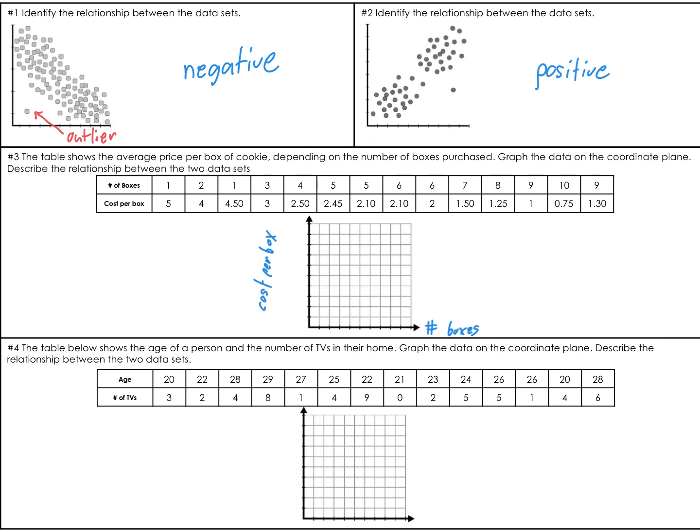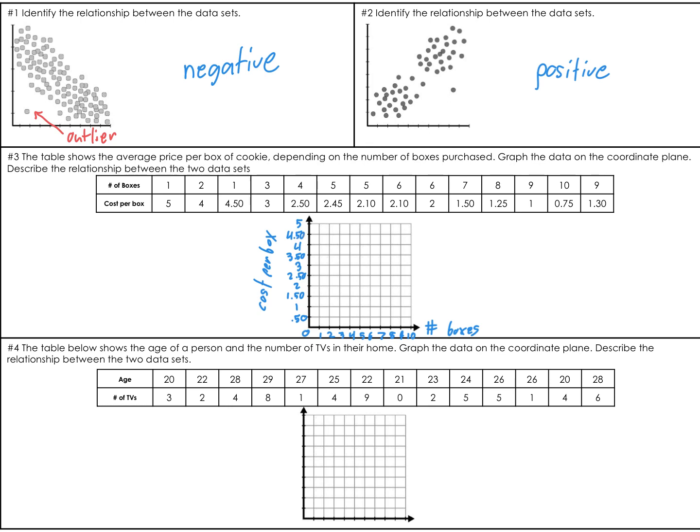So for our axis, let's label it number of boxes, and we're going to have 0, 1, 2, 3, 4, 5, 6, 7, 8, 9, and 10 as our labels. Then for our y-axis, we have cost per box, and we want to make sure that we can go up to the highest amount given, which is $5. So I'm just going to do 50 cents per box.